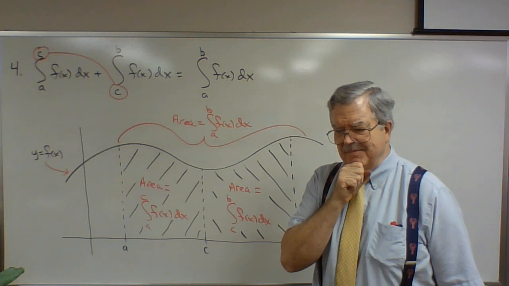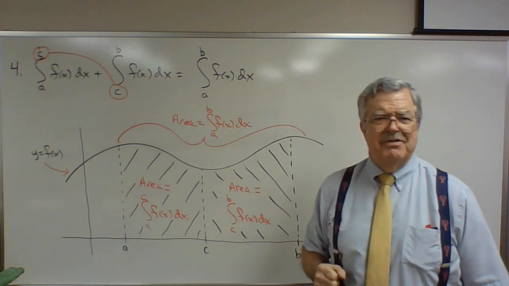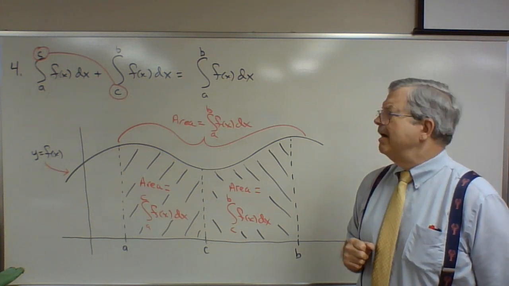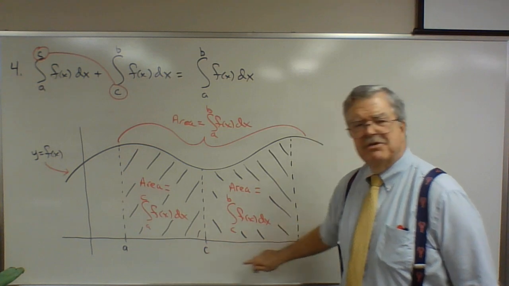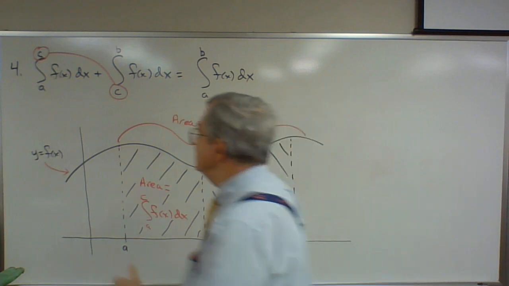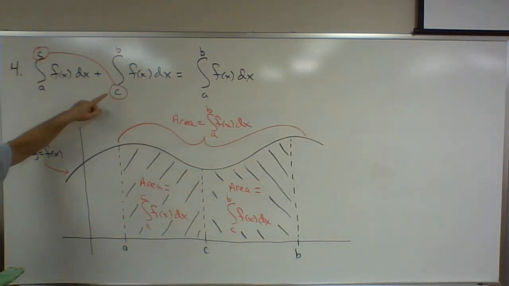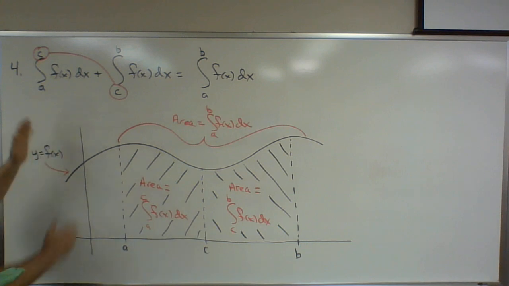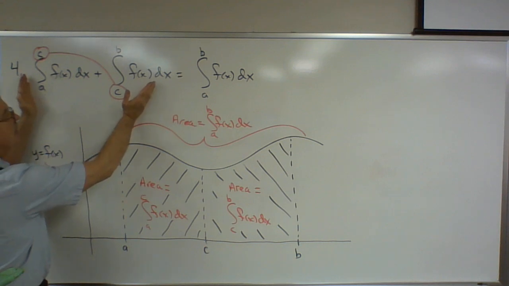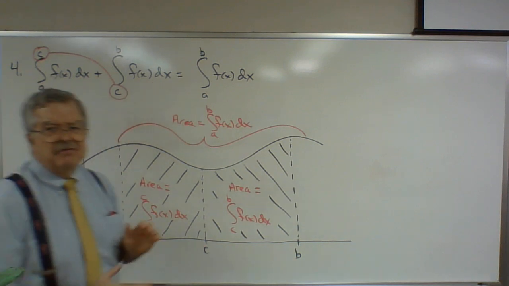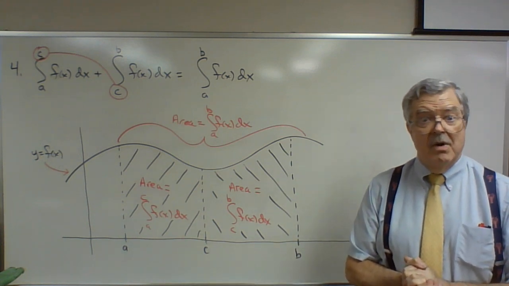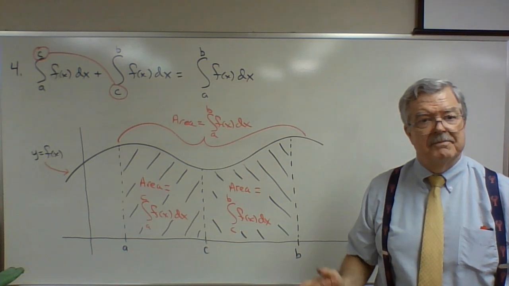Okay, well, Dr. Rossi, I hate to be a pain, but here we have c in between a and b. And I know why you did that. It's because here we go from a to c, and here we go from c to b. But does this same equation hold if c isn't in between a and b? And you know what? It does.